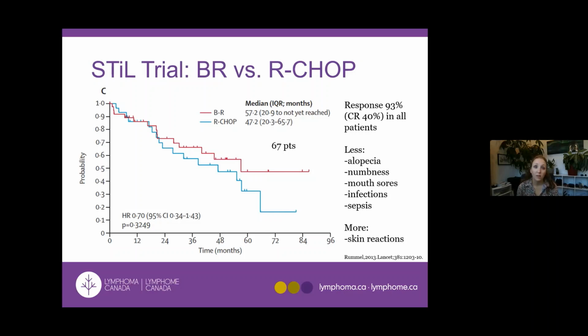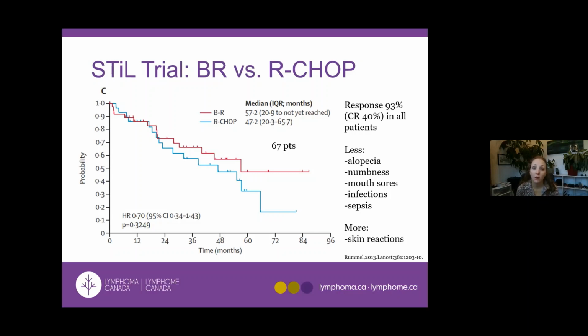And what they saw was that the response rate, again, it's the red line, this is specific to marginal zone lymphoma patients. The response rate was 93% in all patients. So that's all patients with indolent lymphoma. There was a higher complete remission rate compared to the R-CHOP arm, but the most important thing that we saw was that they had fewer of those toxicities, so less hair loss, numbness, mouth sores, infections, and sepsis episodes.